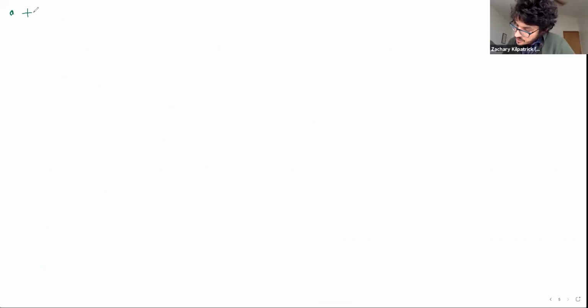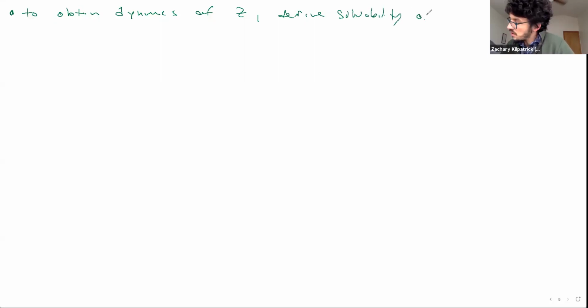Okay, so to obtain the dynamics of Z, derive solvability of the order epsilon 3/2 equation, okay?